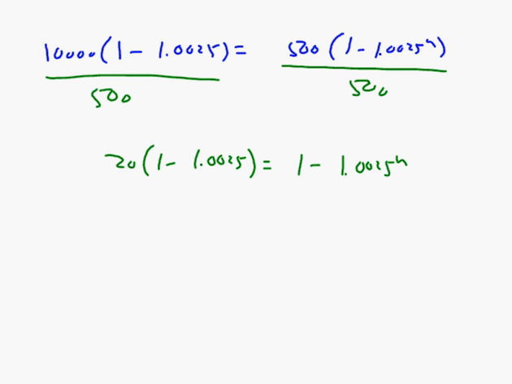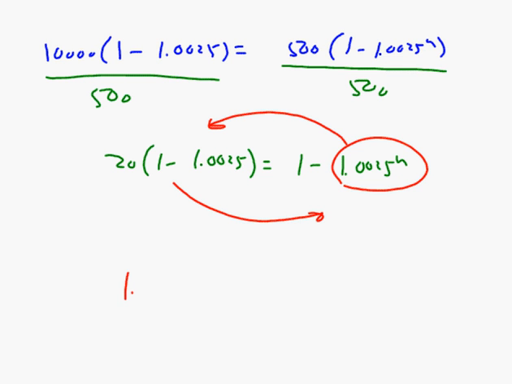The only term that has a variable in it is right here, so I'd like to get that alone. So I could bring this to the other side, and I'll bring this term to that side. If I do that, I'm going to have 1.0025 to the n equals 1 minus 20 times 1 minus 1.0025.